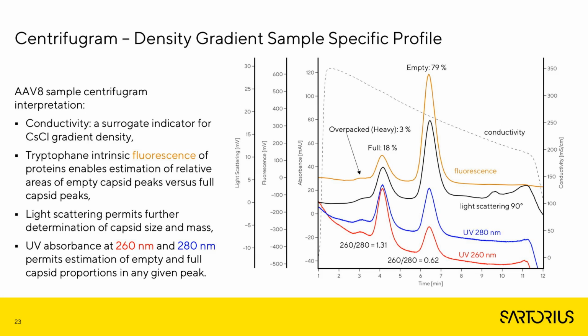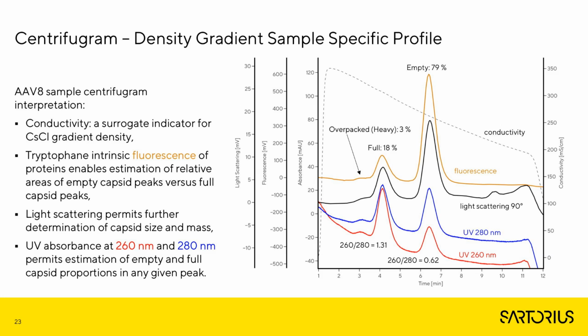Light scattering, for example, permits further determination of capsid size and mass, and we use UV absorbance at various wavelengths as, let's say, a general purpose detector.